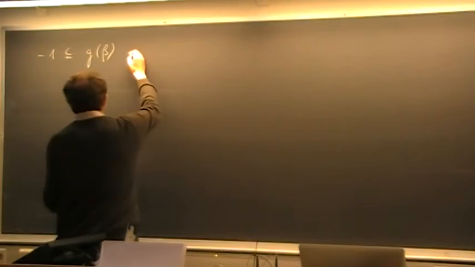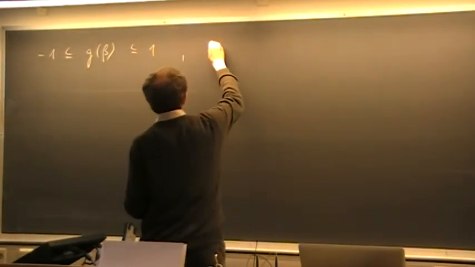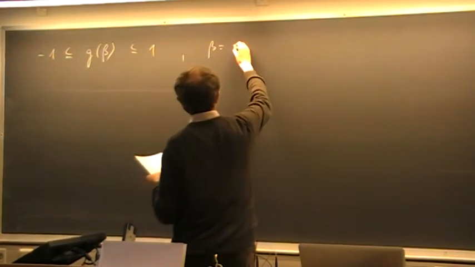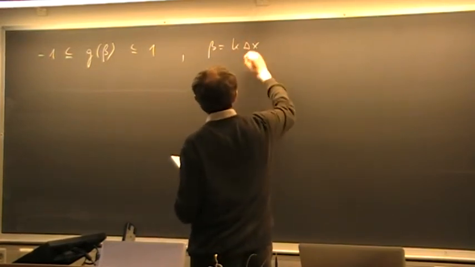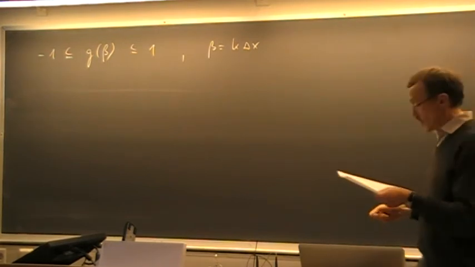Now we introduce a new parameter for k delta x. The beta that is also used in the book is the abbreviation of the wave number k times the grid spacing delta x.